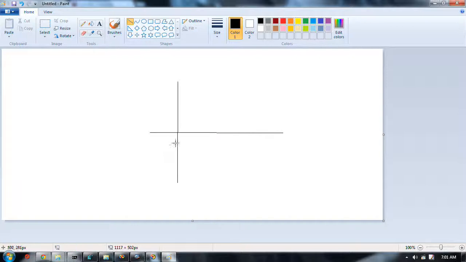X, Y, and now usually Z we think of as coming out this way and then going off into the background.